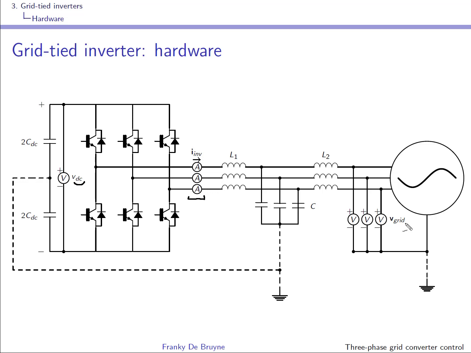You also have access to the grid voltage, and these three voltage measurements are stacked in a vector that we'll call V-grid. You can see also in the dashed lines that there is a way to connect all this to ground, but this goes beyond the scope of this course.